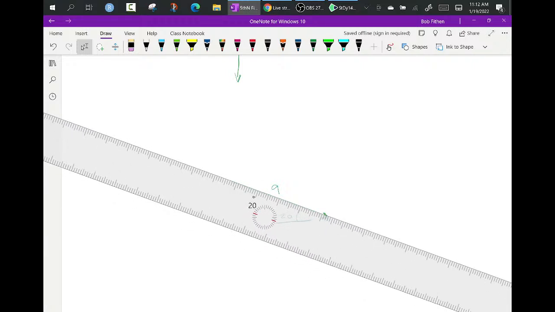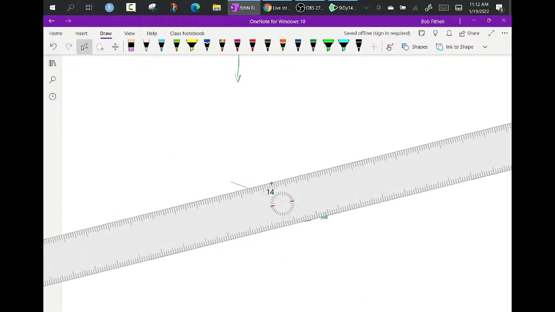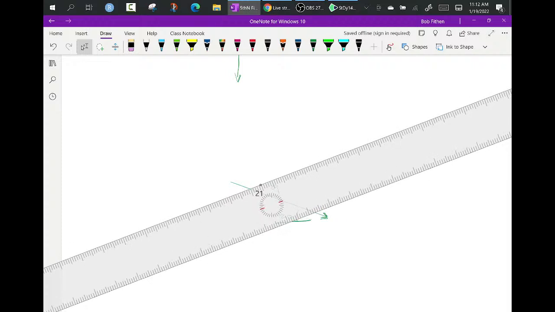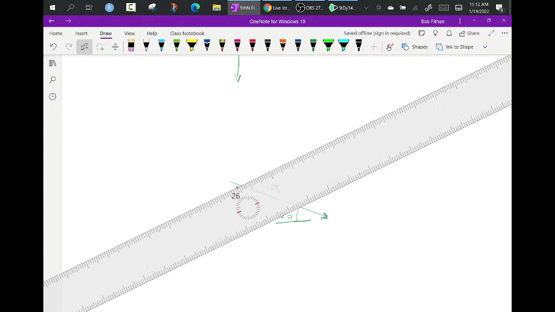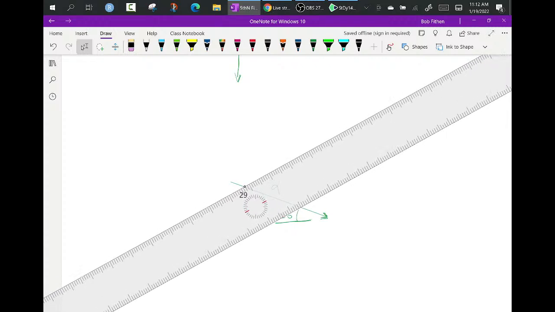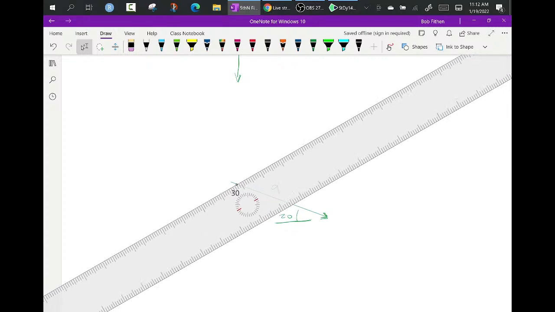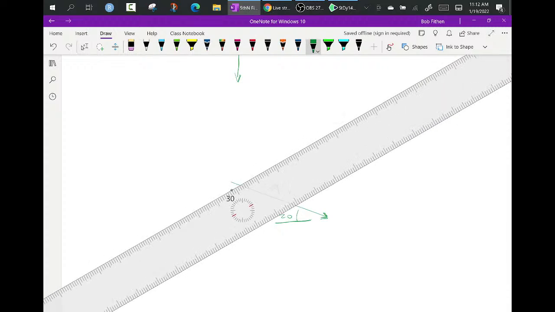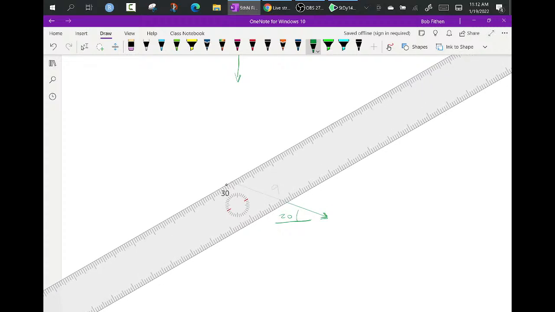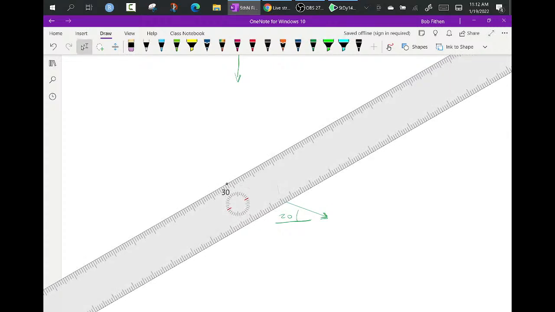Now I'm going to do another one. I'll make it 30. So there's your 30. I'll put it right there and try to get it the best I can with my finger.